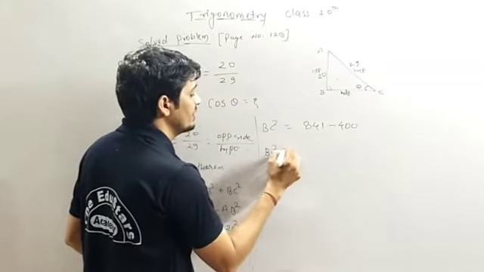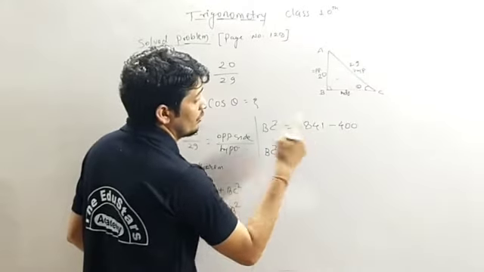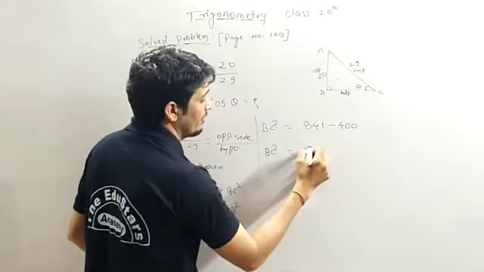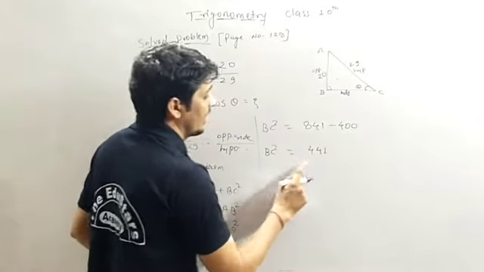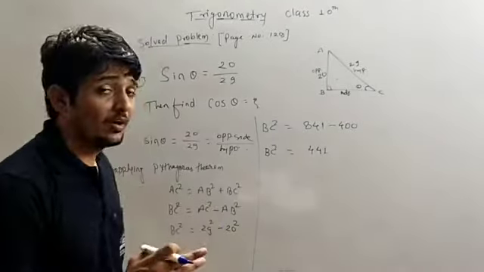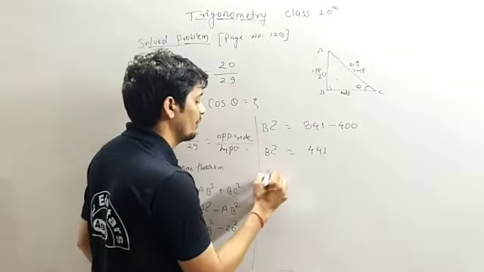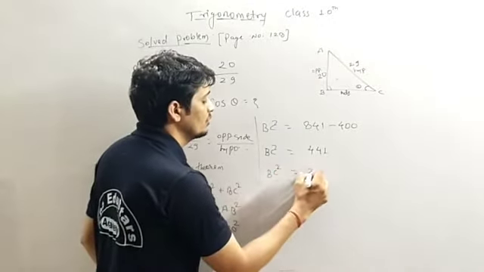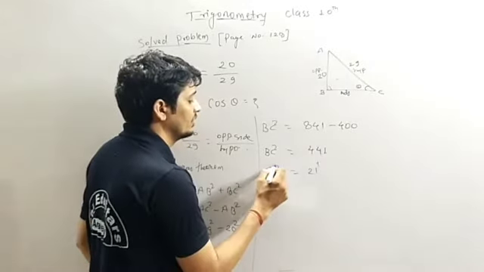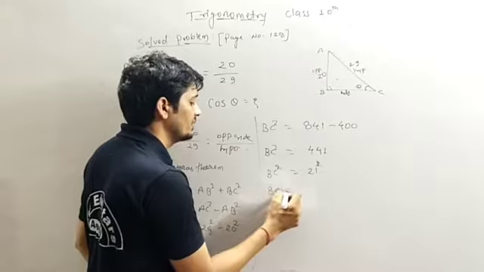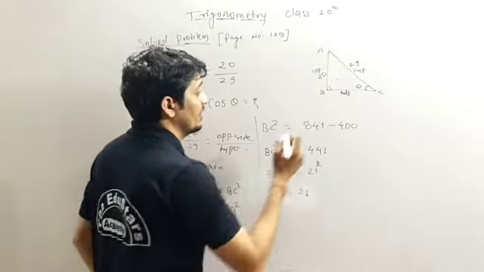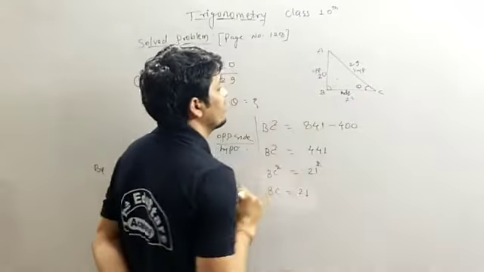So BC square equals, we will solve and we get 441, and 441 is the square of 21. So BC square equals square of 21. So square and square get cancelled, and we got BC equals 21. So here we have 21 now.